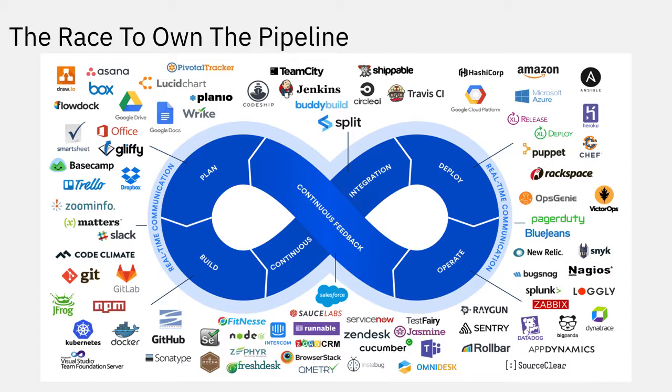And in the continuous feedback, you got tools from Salesforce, and you got tools such as Zendesk, Cucumber, BrowserStack, and providers like ServiceNow and so on and so forth. So it's a busy chart as we started looking at it.